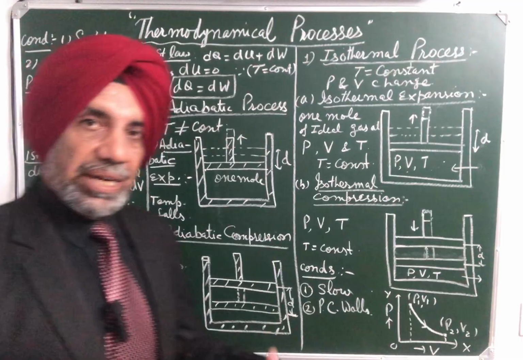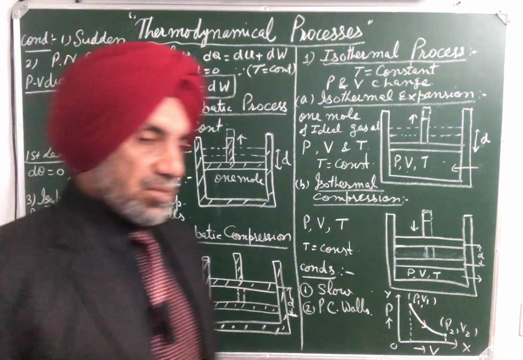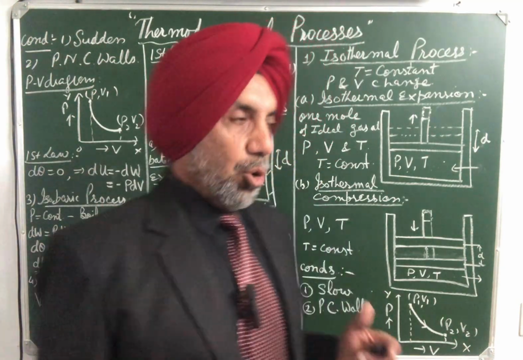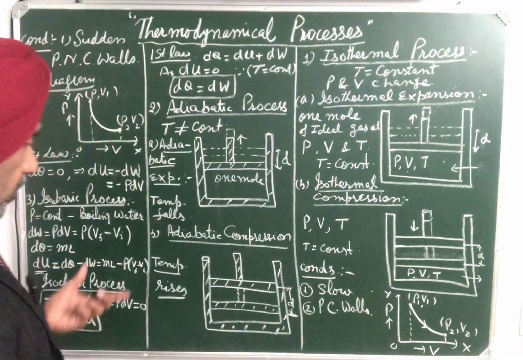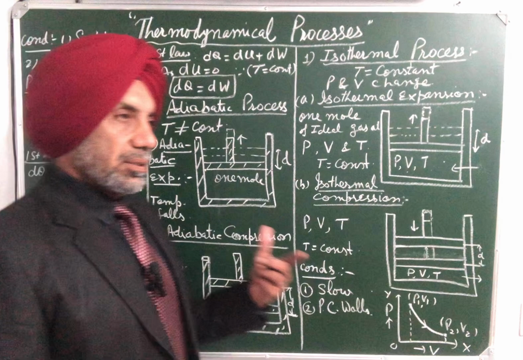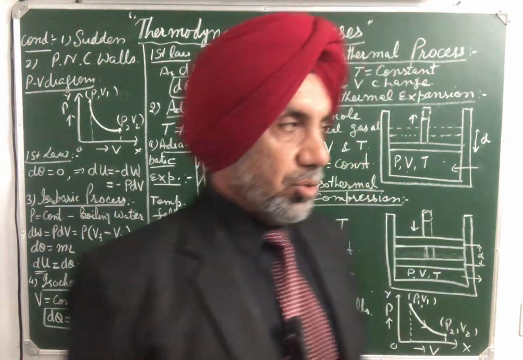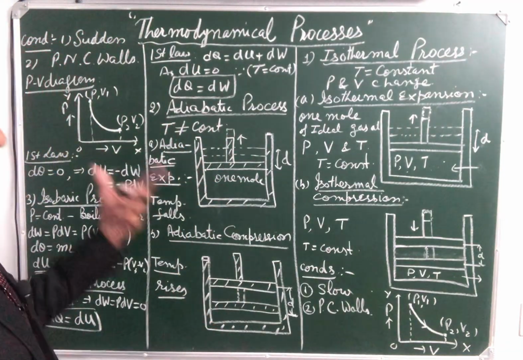Volume decreases, temperature will increase as it is thermally isolated from the surroundings. Walls are perfectly non-conducting. No heat is allowed to enter or leave the system. So therefore, during this adiabatic compression, the temperature of the gas rises. So these are two cases of adiabatic expansion and adiabatic compression.